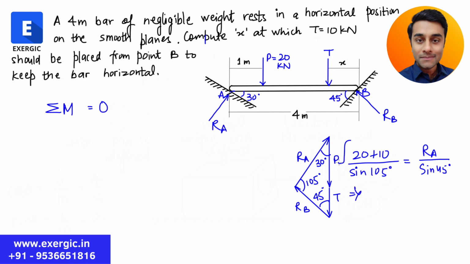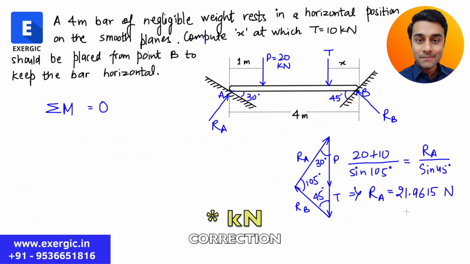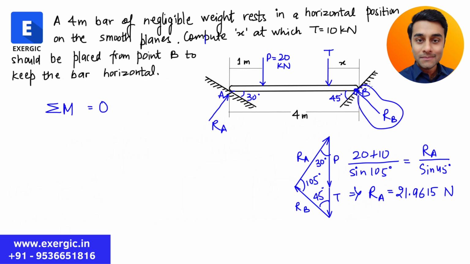I'm sure you can recall this from our previous discussion. And if you solve it, you will get the value of RA as 21.9615 Newton. Since we have calculated the value of RA, if we take the moment about point B, RB will vanish. So you don't need to find out the value of RB.